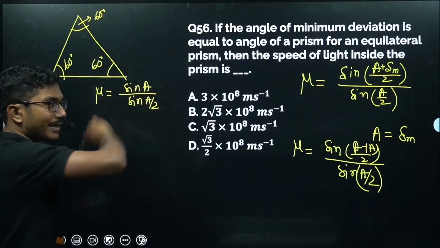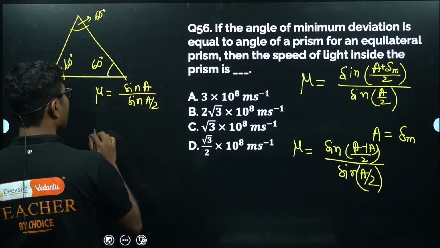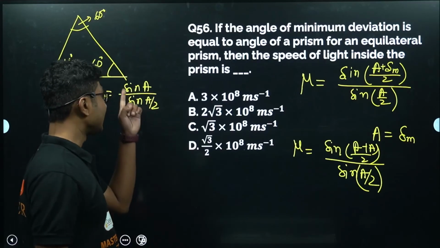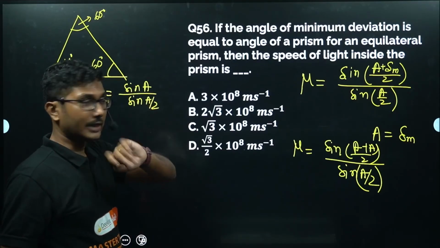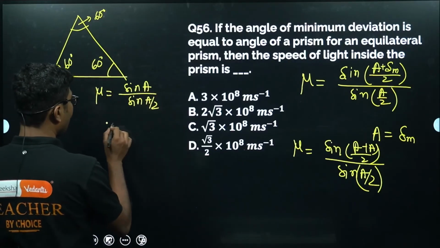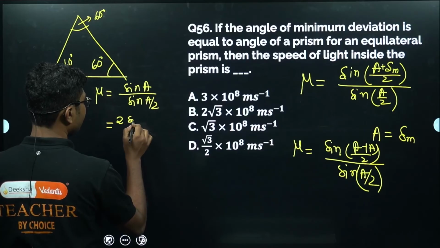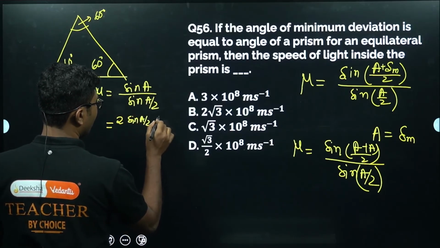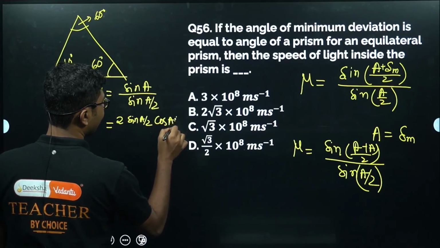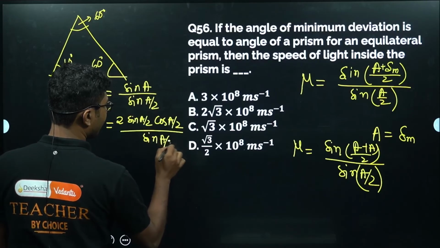Now you can simplify this using trigonometry and write it as cos A by 2, or you can put the value of sine 60 by sine 30, that is also fine, because A by 2 means 30, right. Or what you can do, a little fancy way, is sine 2(A by 2) divided by sine A by 2. This is a little fancier way, but in this problem it does not matter.